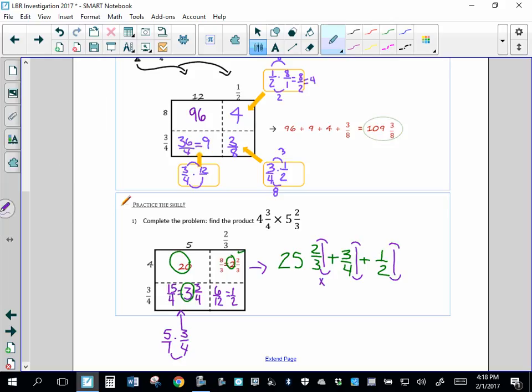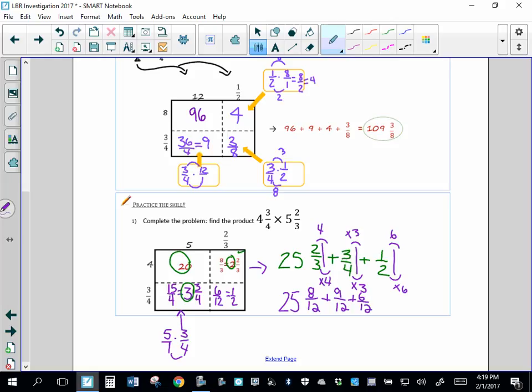So I'm going to multiply this by 4, multiply these by 3, multiply these by 6, and so I have 25 and 8 12s plus 9 12s plus 6 12s.